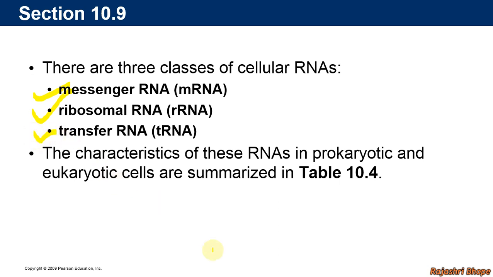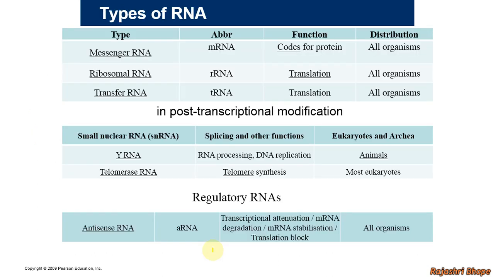The characteristics of these RNAs in prokaryotic organisms and eukaryotic organisms are summarized in this table. mRNA stands for messenger RNA, tRNA stands for transfer RNA, rRNA stands for ribosomal RNA. mRNA codes for protein, rRNAs are used in translation for forming ribosomes. tRNA are also used for translation, which brings or drops amino acid during protein synthesis.